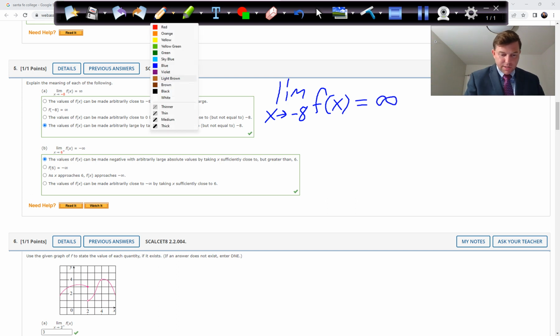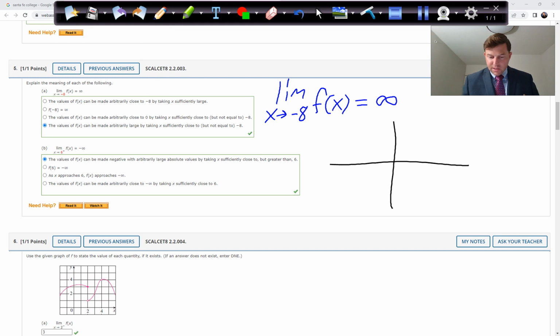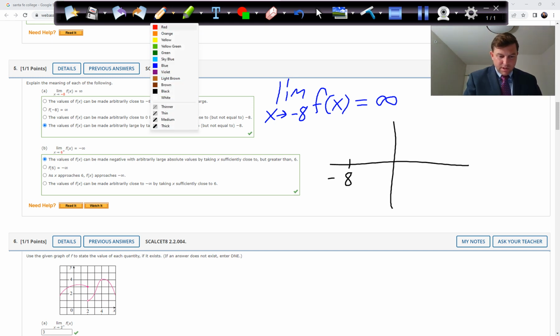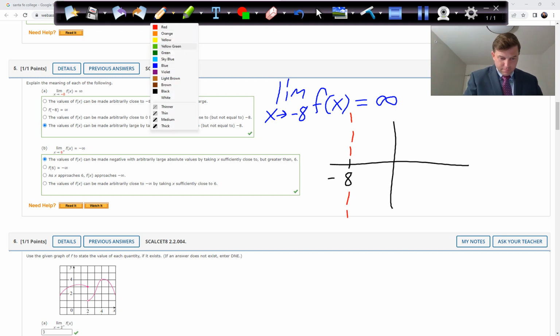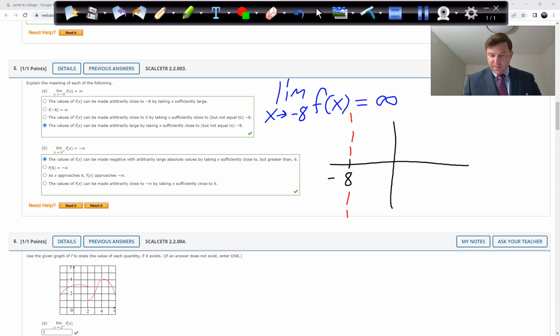So here's what this looks like. I've got some function, minus 8 is over here. What this says is, and I'm going to draw a dashed line in here, as we approach negative 8 from either side, the function is going to go up towards positive infinity.